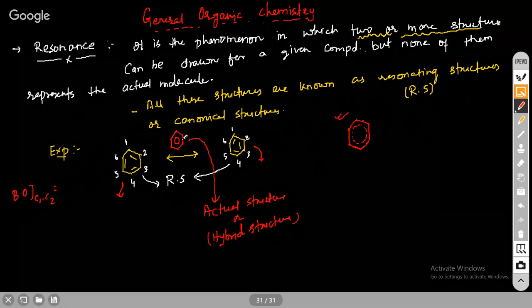The reason is that in the actual structure of benzene, the electrons keep on moving over the entire molecule. These are not static electrons, and to represent any reaction, we require static electrons like this or this. So we use either of these molecules to represent the reaction of benzene, but the actual molecule of benzene is this, which is due to resonance. Understood this?